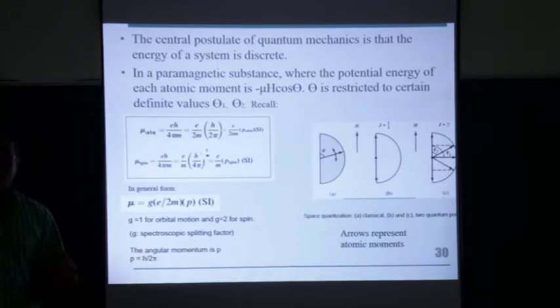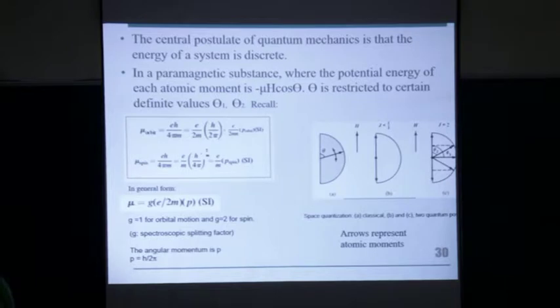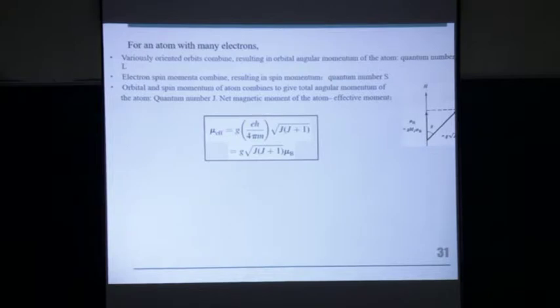Okay, so now we have already quantized our angular momentum, and therefore we have quantized the atomic magnetic moment. Because if this is quantized, this is also quantized. So this is for one electron.